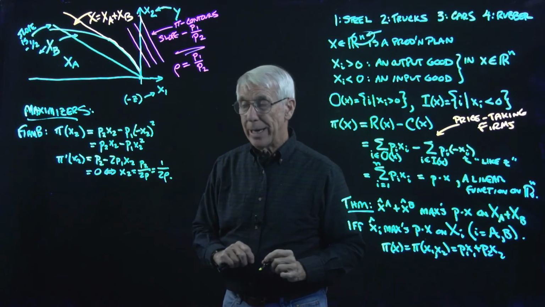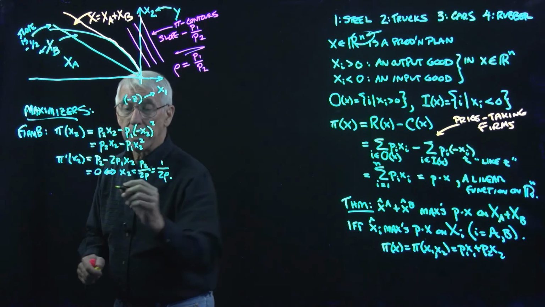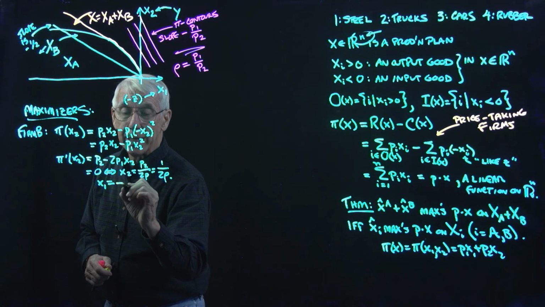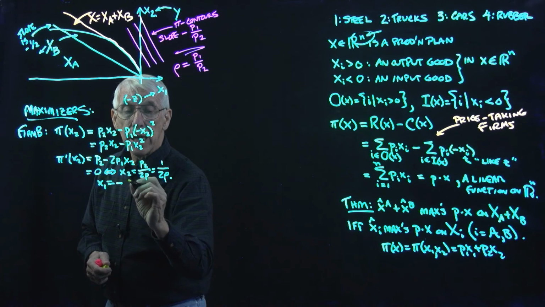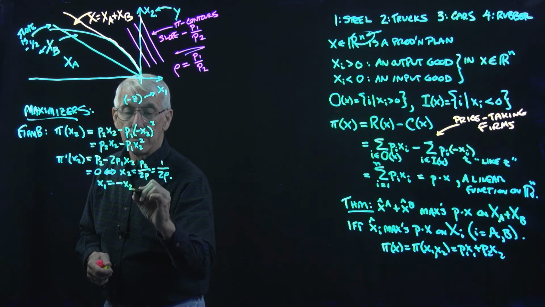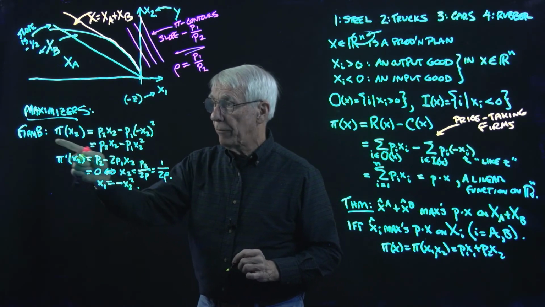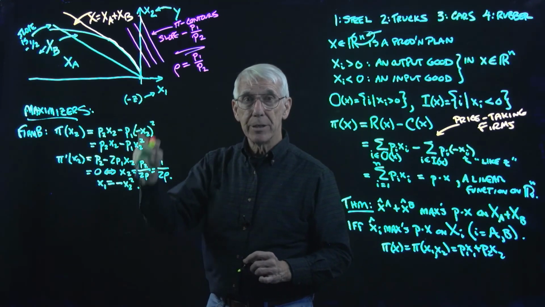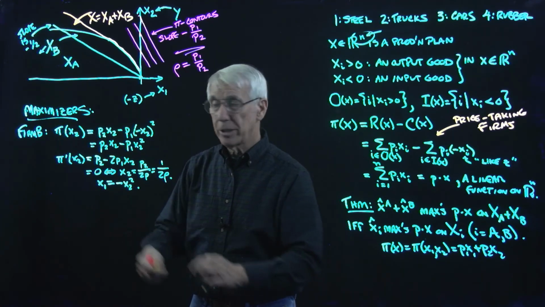Okay, so that tells me what x2 is going to be, and let's actually add x1 in here. x1 is going to be the negative, because we're using negative numbers for inputs. That's going to be minus x2 squared. So I know what firm B's production plan will be if it's maximizing profit as a function of the prices. Basically it tells me its input demand function and its output supply function as a function of the prices.